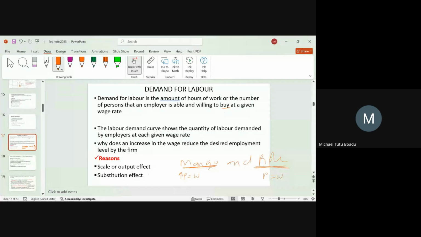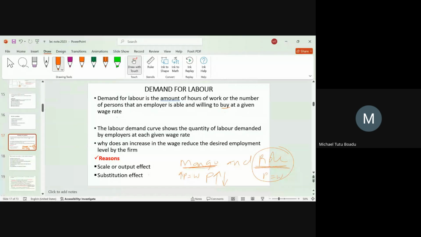So for example, if the price of mango goes up, then you are likely to reduce demand for mango to increase demand for pineapple, provided it's possible for you, provided mango and pineapple are substitutes.